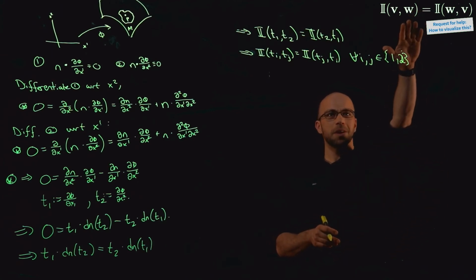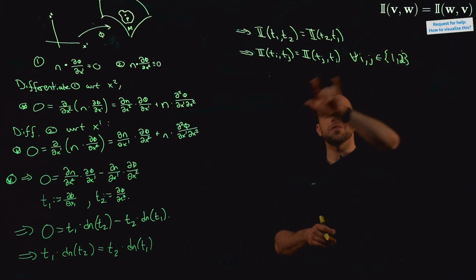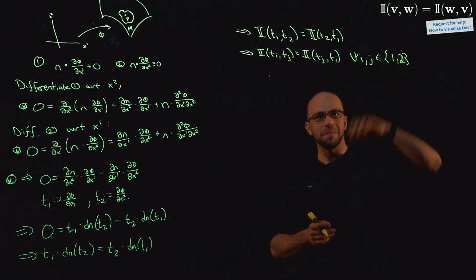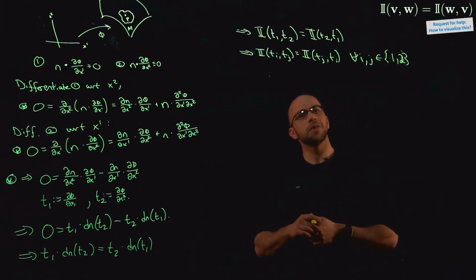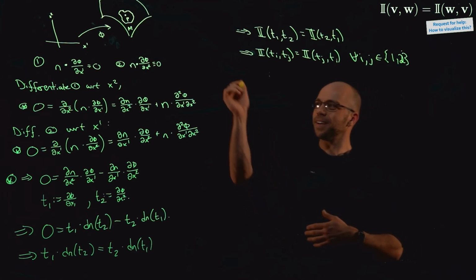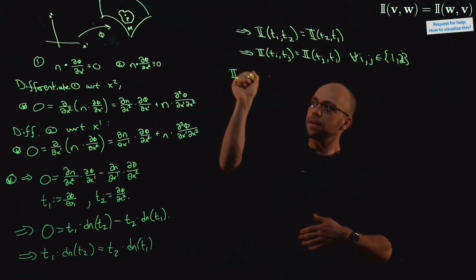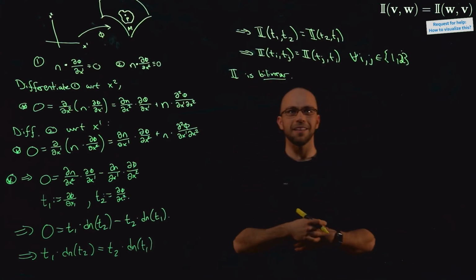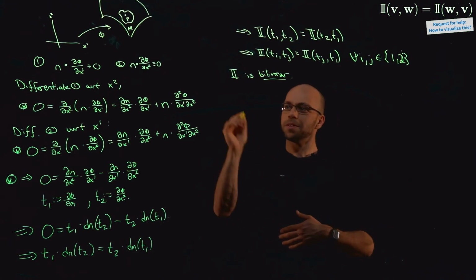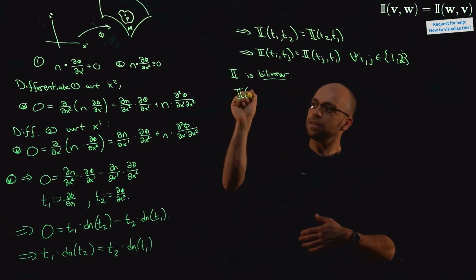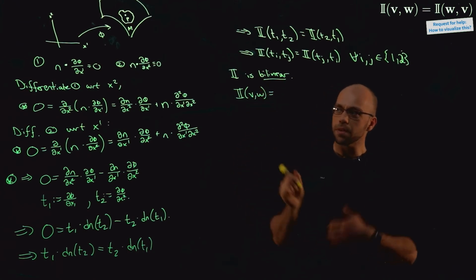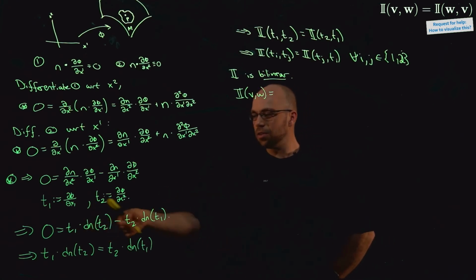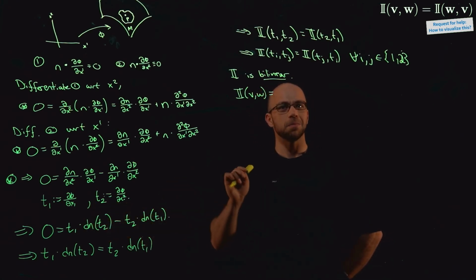Here we have an expression for general v and w, and we've shown it for essentially t1 and t2, and now we just have to make sure that these are the same. But one thing that you can check quite easily is that the second fundamental form here is bilinear, meaning that it is linear in both of its elements. So let's say that I have a general v, w. By definition of a parametrization, we know that T1 and T2 span the tangent plane, right?